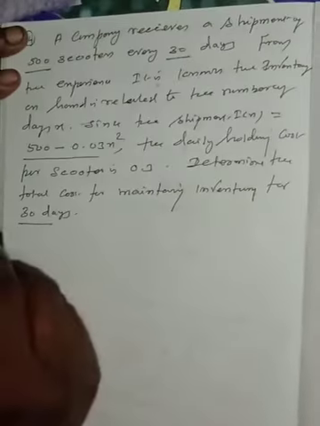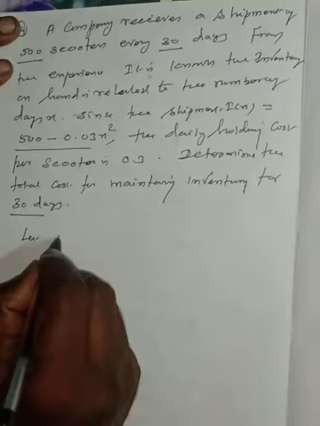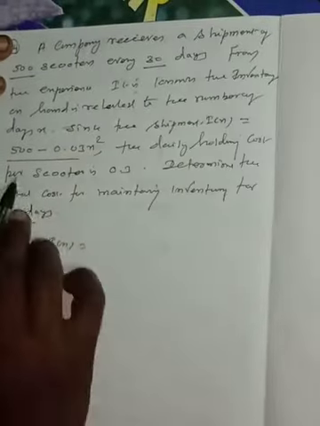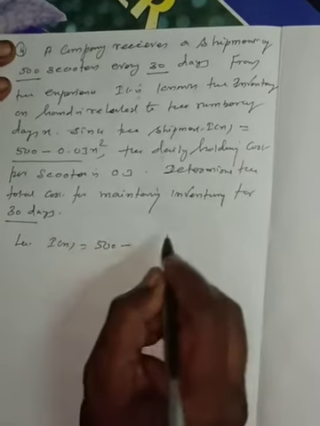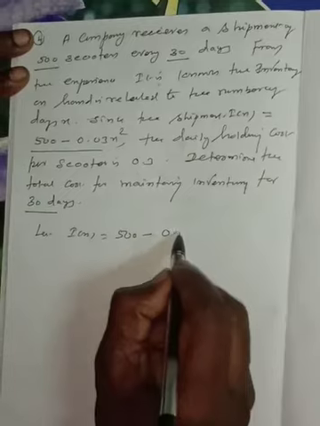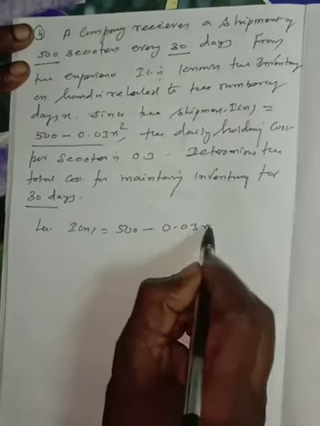Let I of x equal to 500 minus 0.03 x square.